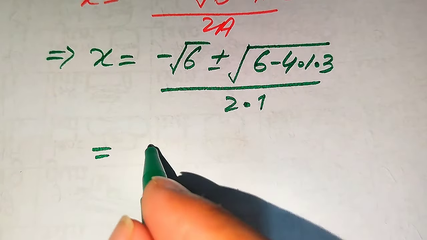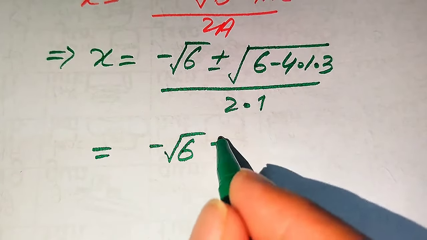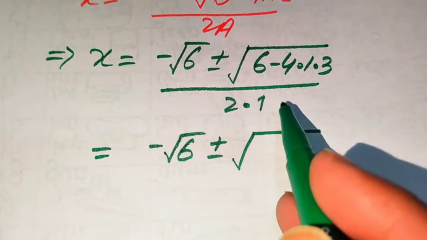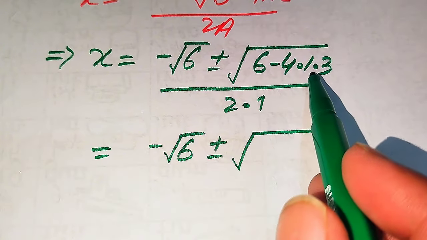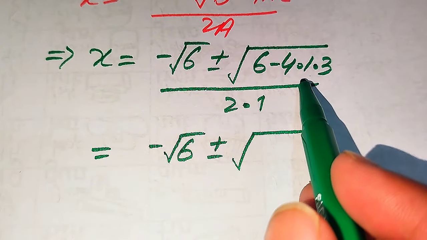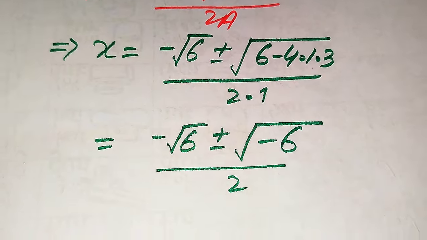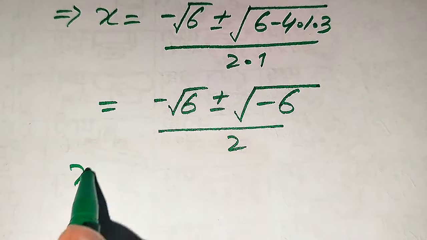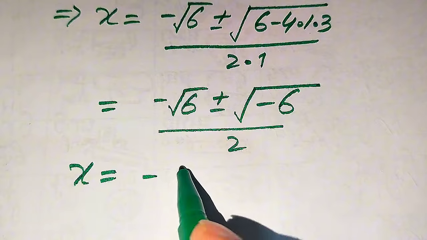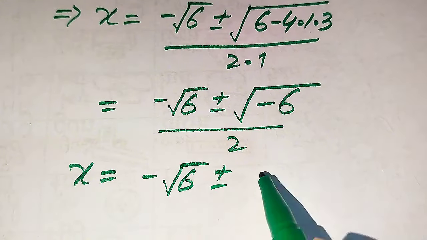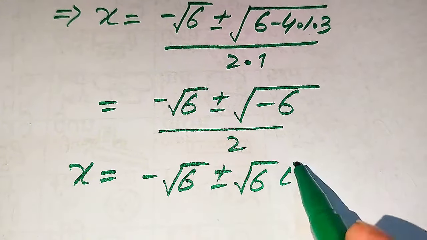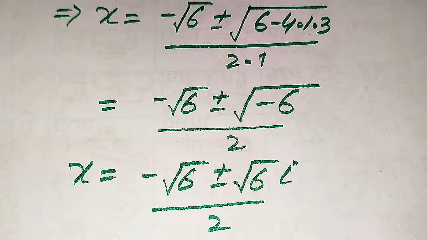So we have minus square root of 6 plus minus square root of, 4 times 3 becomes 12, and 6 minus 12 becomes minus 6, divided by 2. You again see that a negative sign appears inside the square root sign, so it becomes iota. So we write square root of 6 times iota divided by 2.